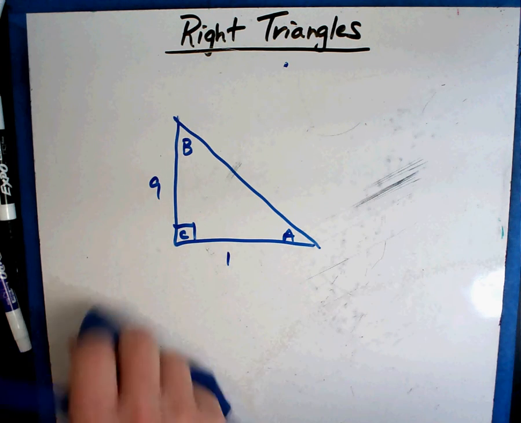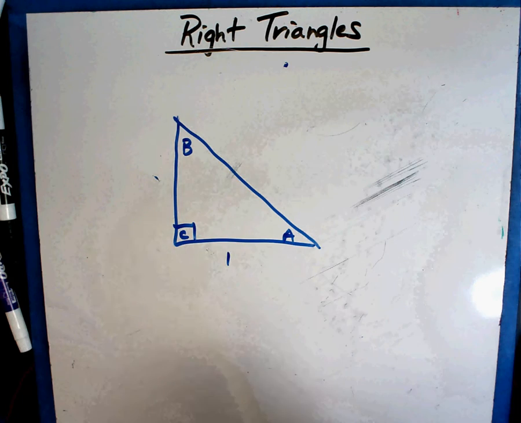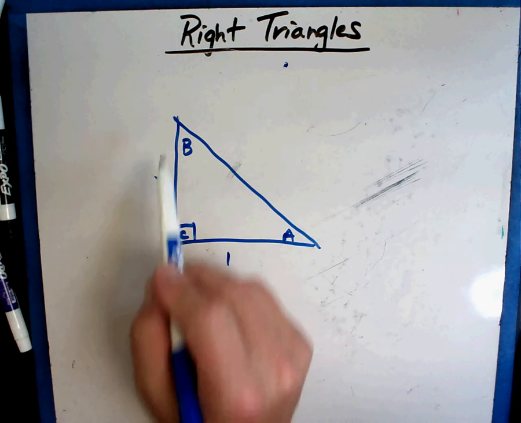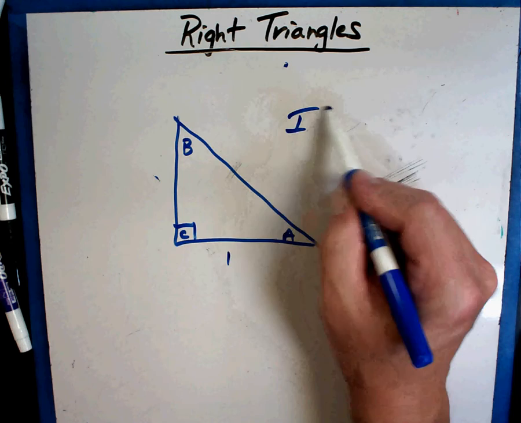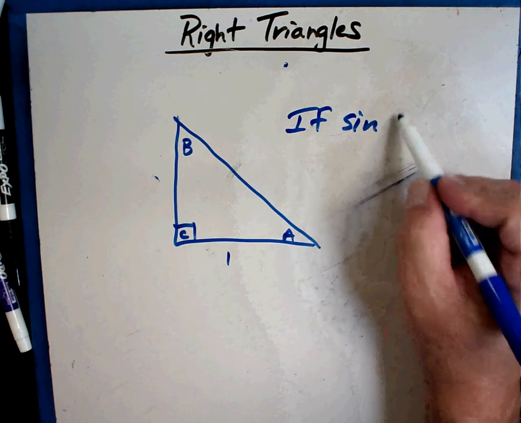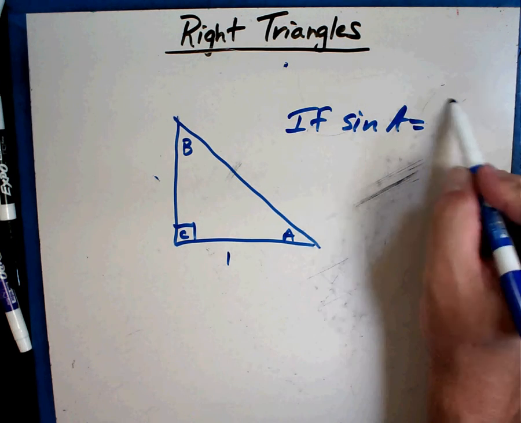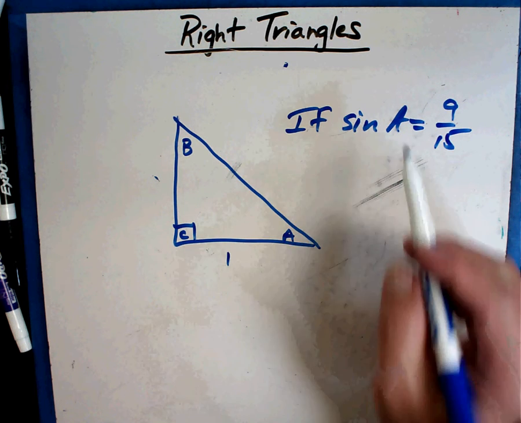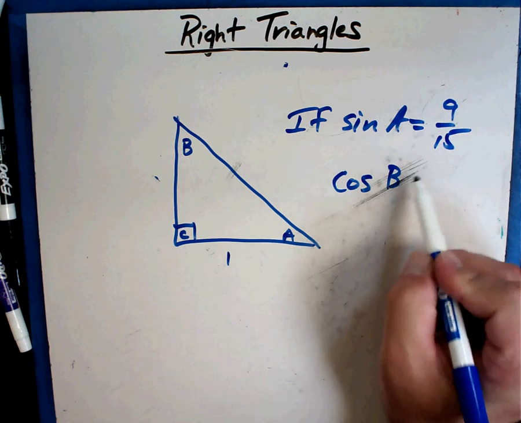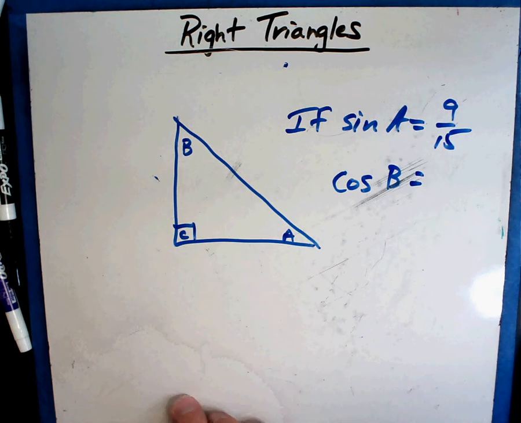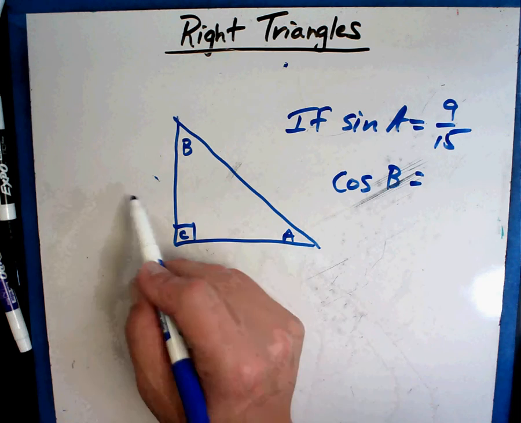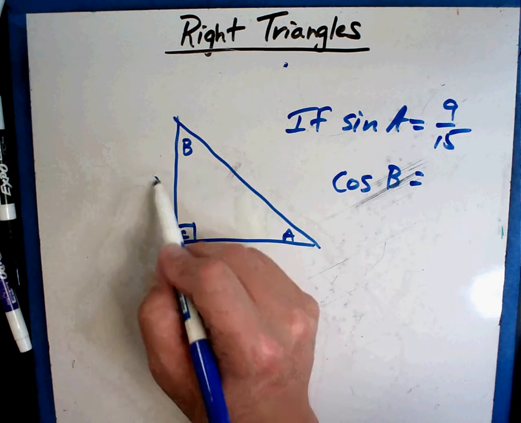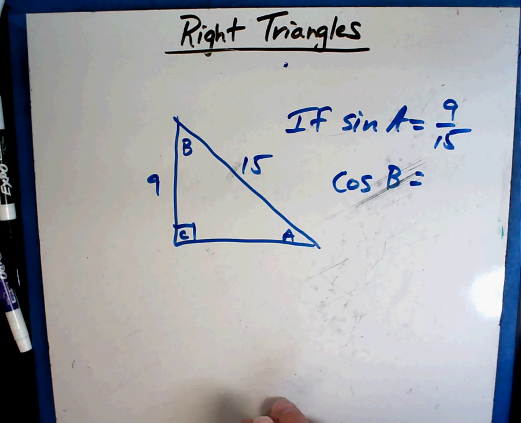Let's say they tell you have triangle A, B, C. If the sine of A equals 9/15, what's the cosine of B? Well, if they told me that the sine of A, which is opposite over hypotenuse, so that's a 9 and that's a 15. See where I got the numbers?